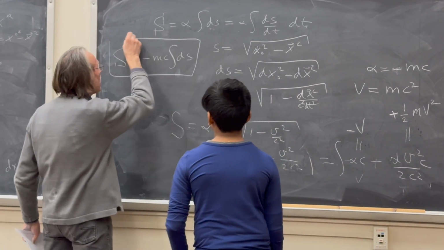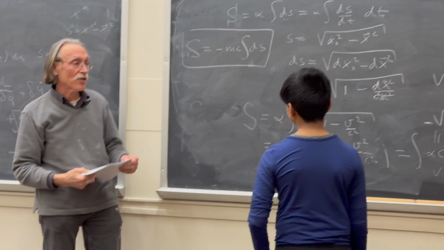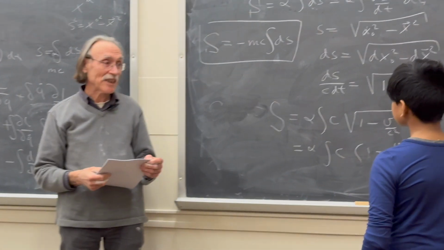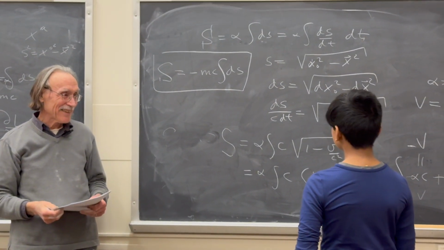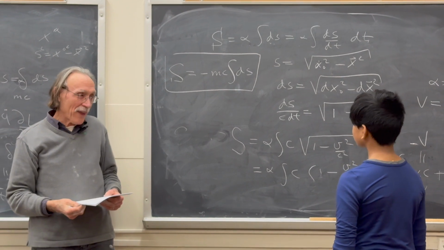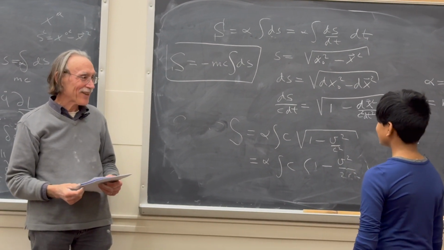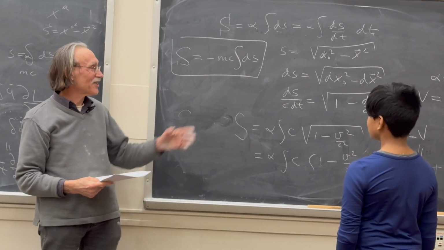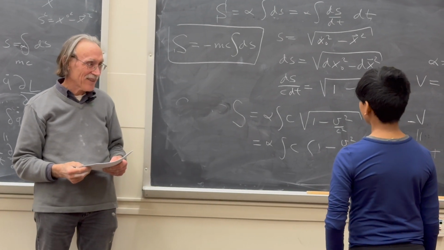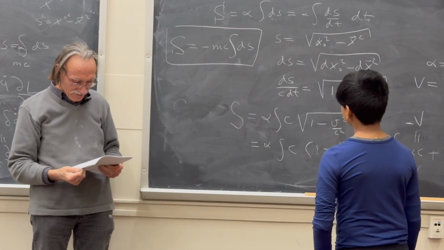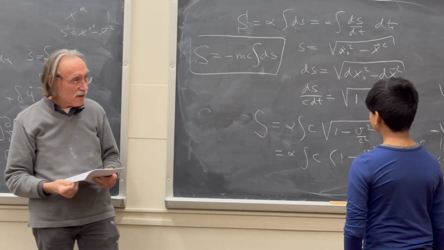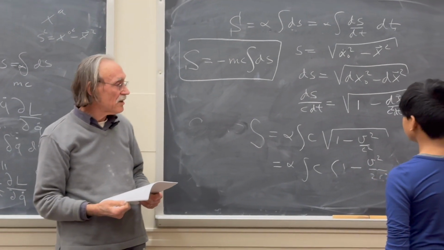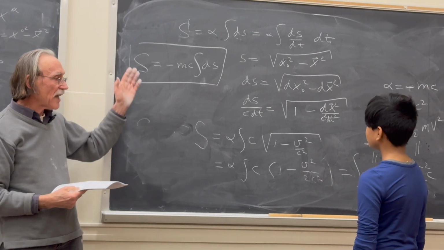And from varying this, you get the relativistic equations of motion. So you don't have to think, just do it, and then you get the right result, because this is invariant. Okay. So that's just the equation of motion that... Now, this is the action.